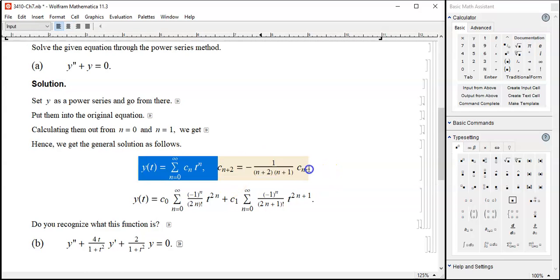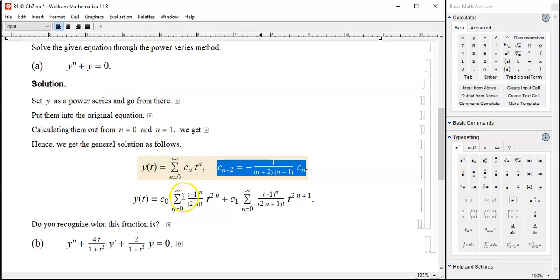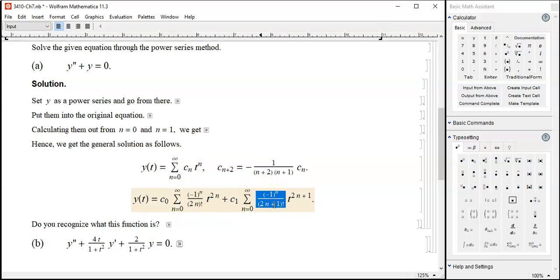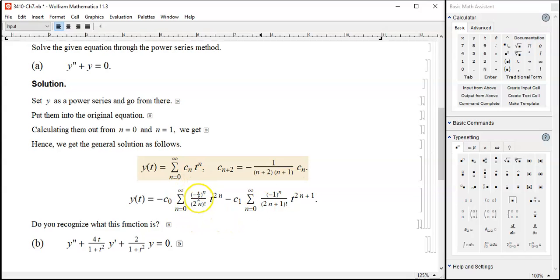And then this recursive relationship gave us this one for even and that one for odd. I think I made a sign mistake, which doesn't really matter because C0 and C1 really arbitrary constant, but let's make it right anyway. Yeah, that's right. We had minus plus minus plus minus previously, but here, according to this, we have plus minus plus minus plus minus. So it's better this way.